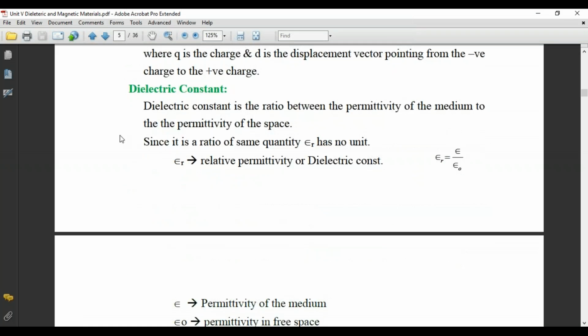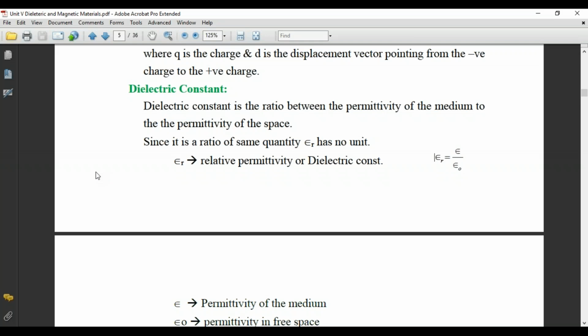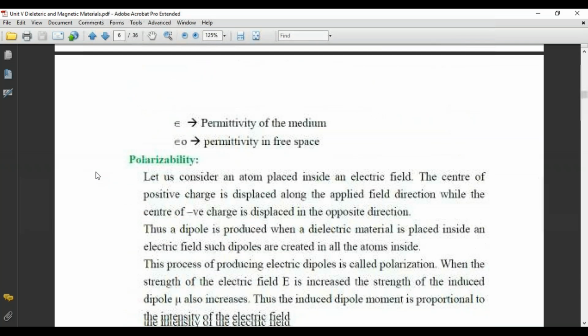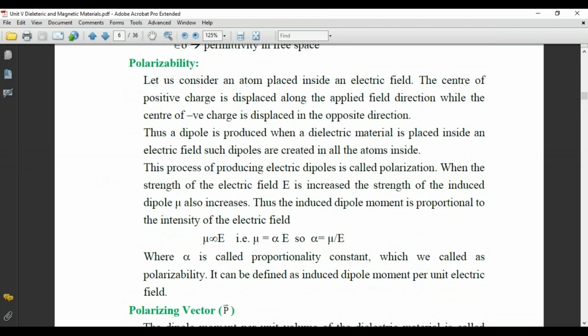Then what is dielectric constant? Dielectric constant is the ratio between the permittivity of the medium and the permittivity of free space. That's why epsilon r equals epsilon by epsilon naught. This is the formula for the dielectric constant. It is a ratio, so there are no units for the dielectric constant. What is polarizability? Let us consider an atom placed inside the electric field.